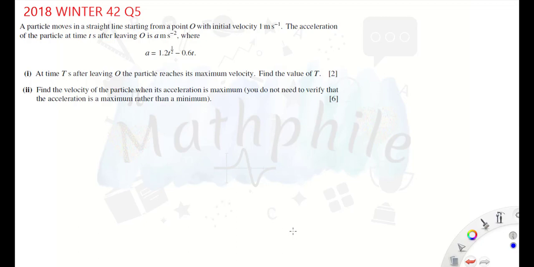Find the value of t, for 2 marks. The next question, (ii): find the velocity of the particle when its acceleration is maximum. You do not need to verify that the acceleration is maximum rather than a minimum. It's not important.